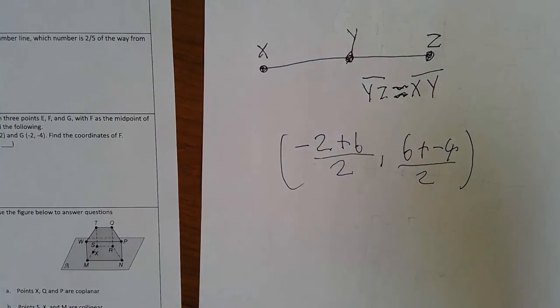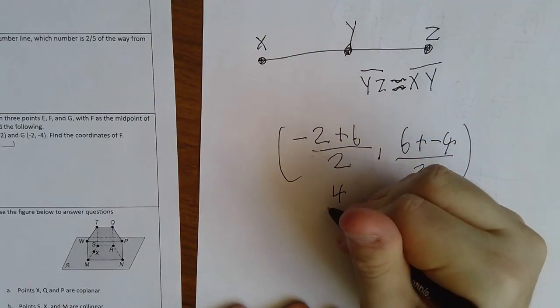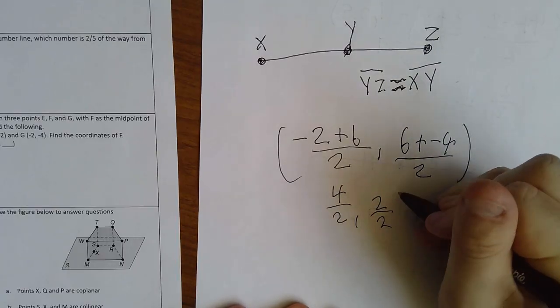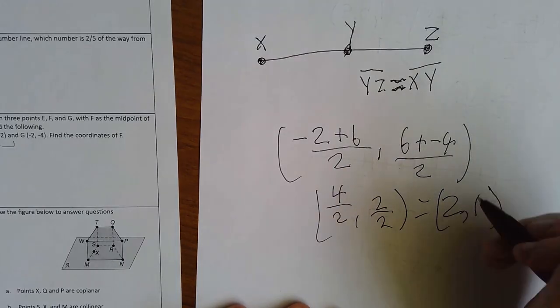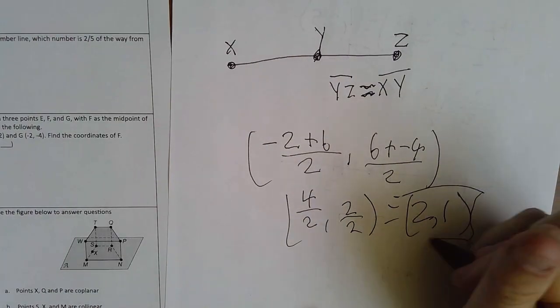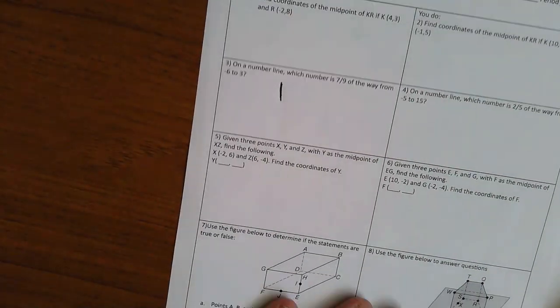When I do that, I get 4 divided by 2, comma, 2 divided by 2. And this becomes 2, comma, 1. So my midpoint for this line would be (2, 1). Not too bad, not too bad.